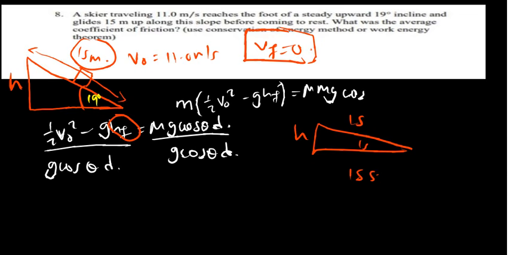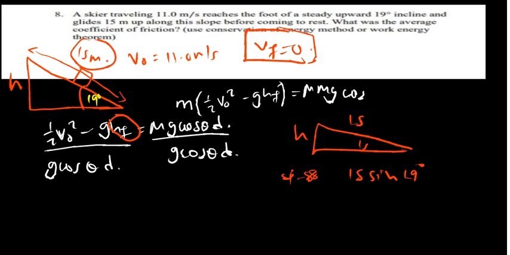It's going to be 15 sin 19, right? So what is 15 sin 19? It is 4.88. So that is the height which we are supposed to use there.